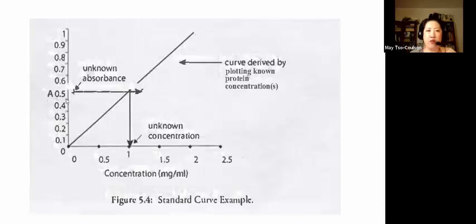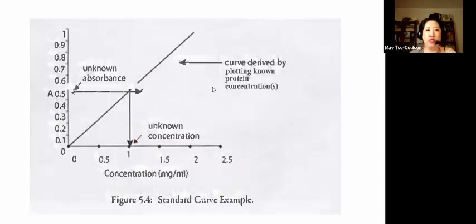We can also measure an absorbance of unknown protein concentration, extrapolate over, drop down, and use the graph to determine the unknown concentration. So if we know the absorbance, we can go over to our standard curve and then use the standard curve to estimate the unknown protein concentration.